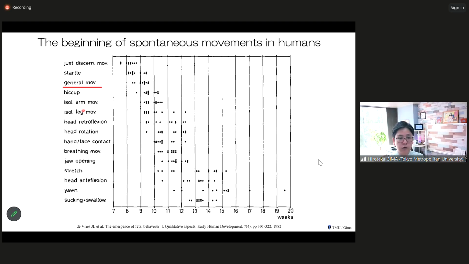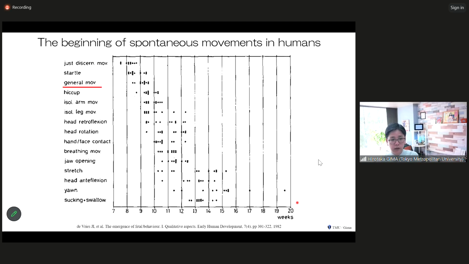As shown in this figure, humans generate various types of spontaneous activity and movements since the early fetal period. By 20 weeks of gestation, there are many types of spontaneous movements.